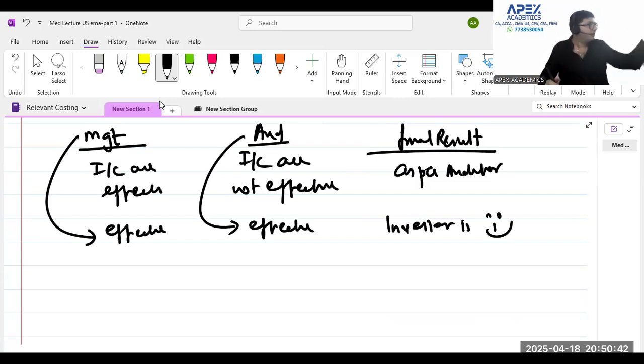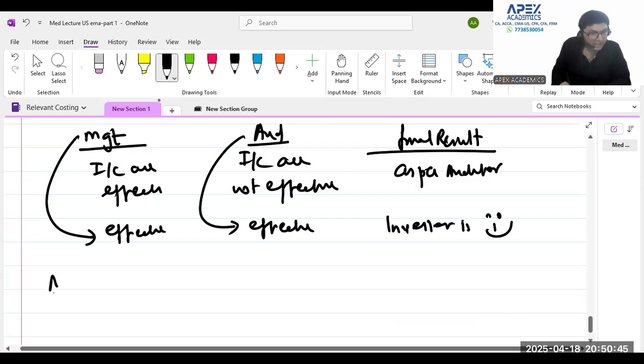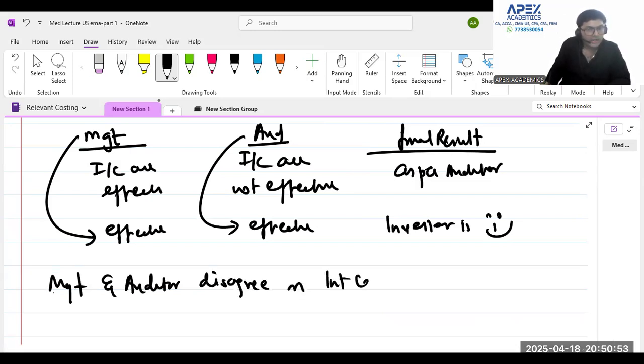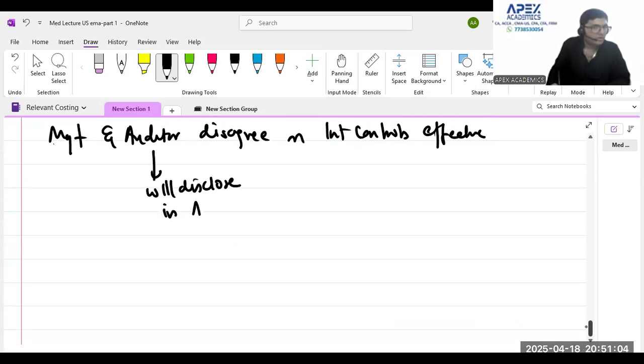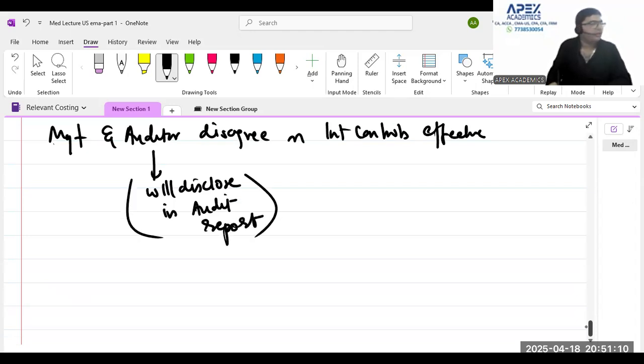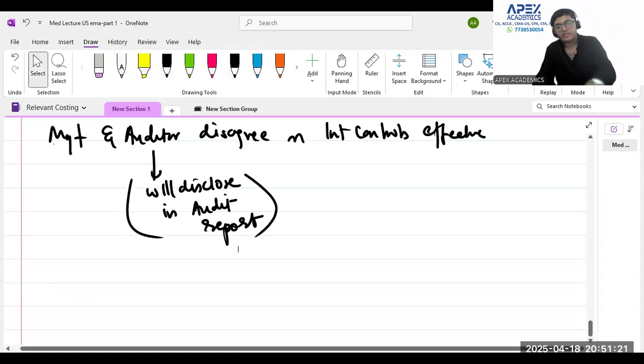If management and auditor disagree on internal controls effectiveness, please pay attention, the auditor will disclose it in the audit report. Please make sure of this. This is the first particular set of concepts we are discussing.